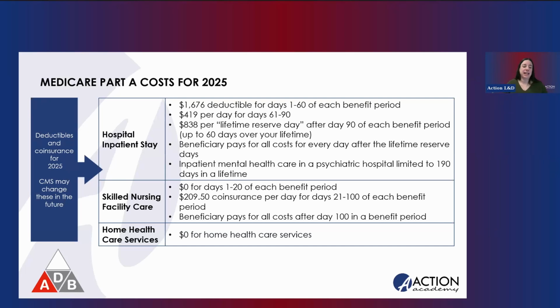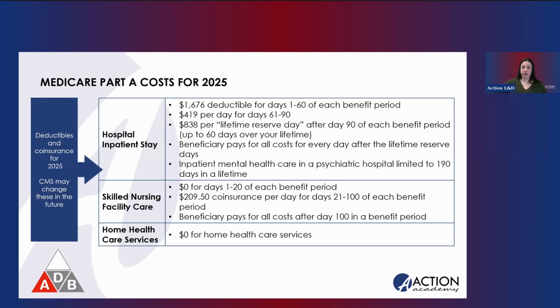And each day you're paying $838. After that, you're responsible for 100% of the costs. I hope for you and your clients that you are not in the hospital that long. The only caveat is if these days are spent in a psychiatric hospital, you only get 190.